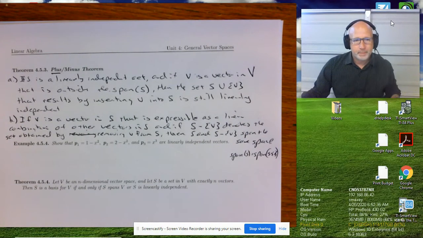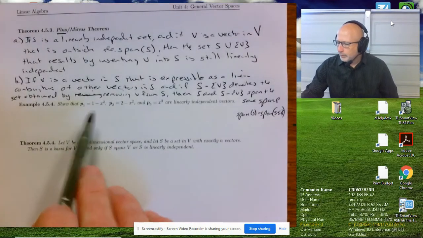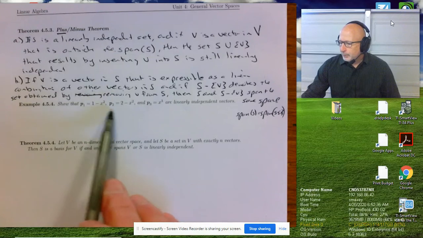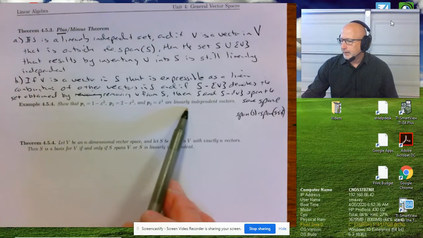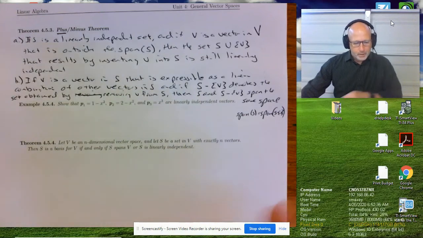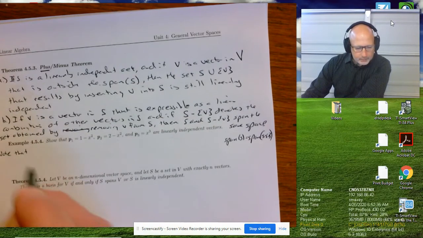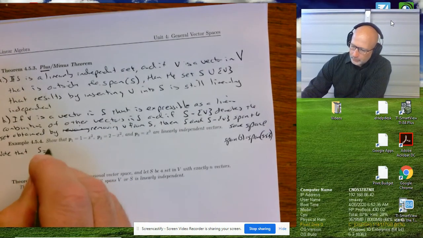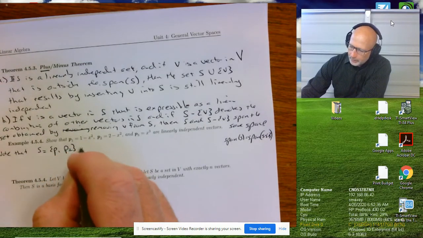Okay, so example 4.5.4, show that P1 is equal to 1 minus x squared, P2 is equal to 2 minus x squared, and P3 is equal to x cubed are linearly independent vectors. Okay, so we should take note that S, which is equal to P1, P2, is linearly independent.